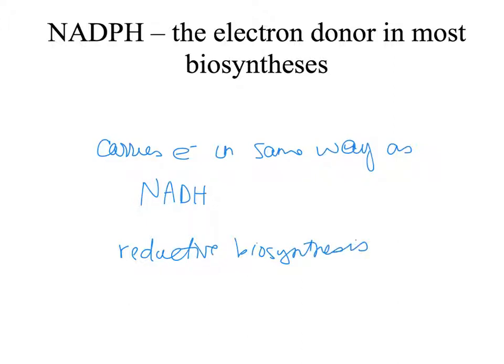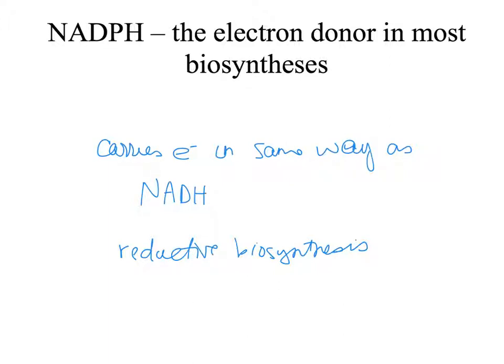Whereas NAD and NADH are going to be used in oxidation. NADH, again, in oxidation, its primary use is generation of ATP. In the biosynthesis process, remember that we are carrying these electrons, but we're also using ATP. NADPH is used in the biosynthesis.